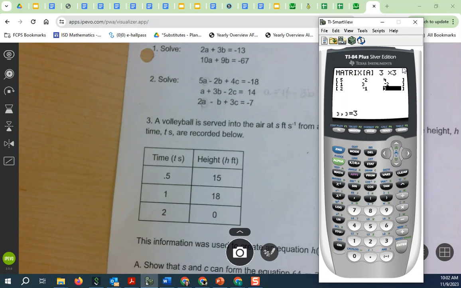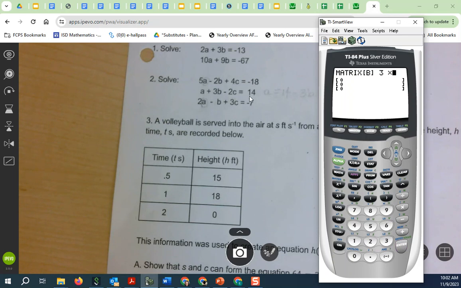Okay, so once you make sure you have the 3 up here, you press second quit. And then you have to go back into matrix. So second, matrix. And we want to edit matrix B this time, so go over to edit and then go down to B and press enter. Matrix B is a 3 by 1. It just has the answers in it.